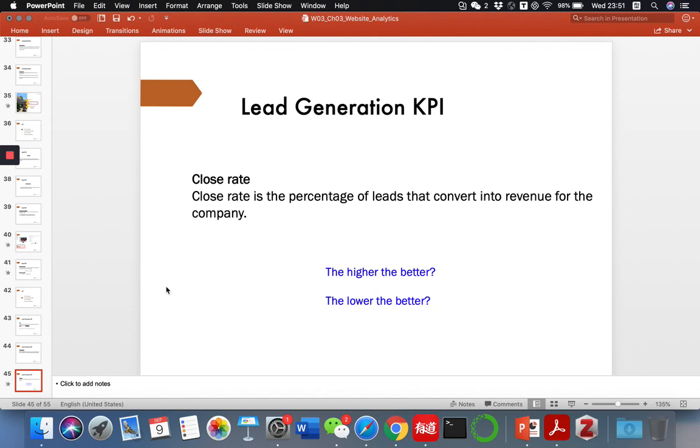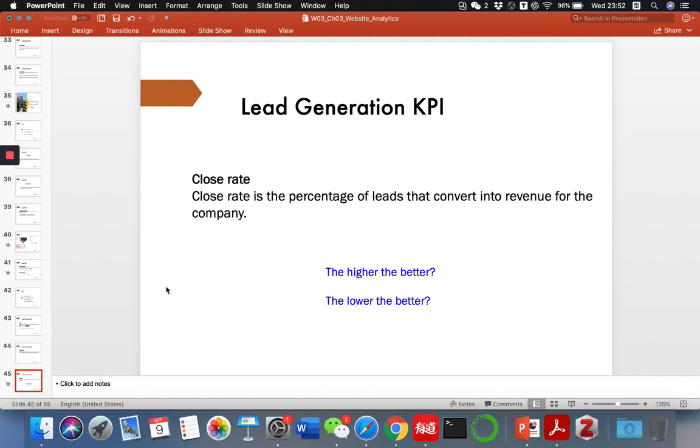So here, close means the person does not only visit your lead generation website, fill in the form, and make their conversion, but also in the end, makes a deal with your company. So in this way, we call it a close rate.